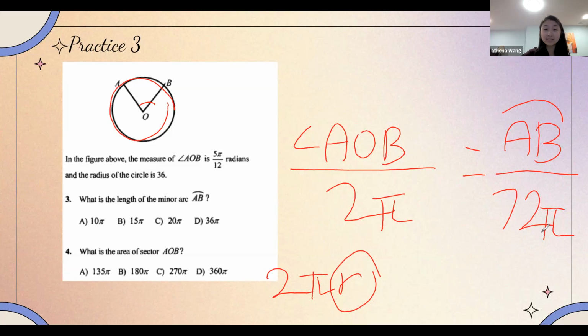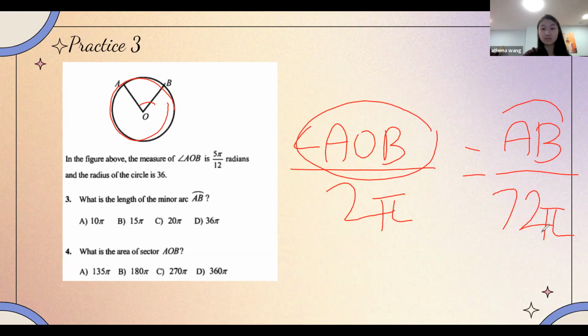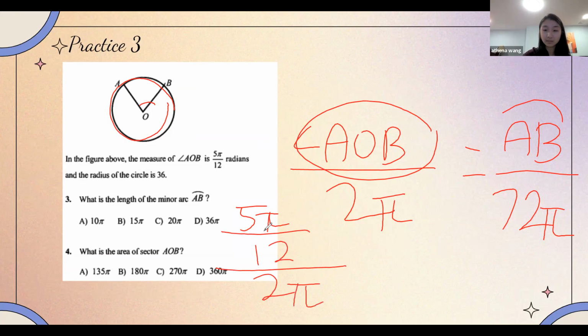Since we already have this, and we also have angle AOB, which is 5 pi over 12, we can figure out the length of our arc AB. So we have 5 pi over 12 divided by 2 pi times 72 pi is what we want.